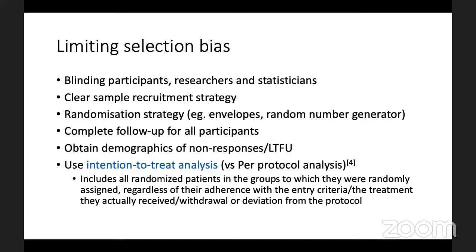Often, if this doesn't yield significant results, the authors may also calculate the per protocol analysis, which does show significance, because journals don't want to publish things that don't show significant results.